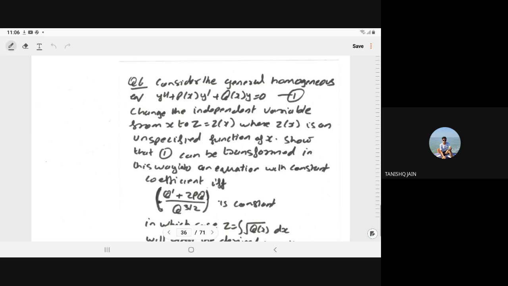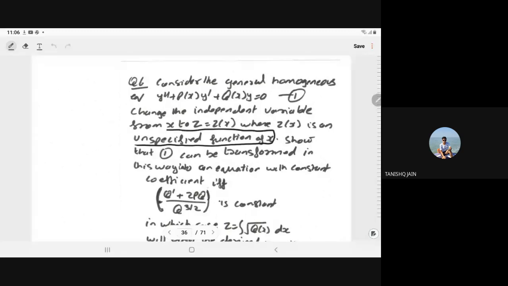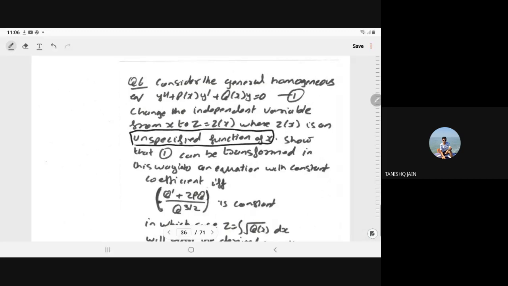Here we transform the independent variable x to z using the function z(x), where z(x) is an unspecified function. We do not know what the function is. In the equidimensional case it was z is equal to ln x. But here we do not know which function will convert the given differential equation into a second order differential equation with constant coefficient.